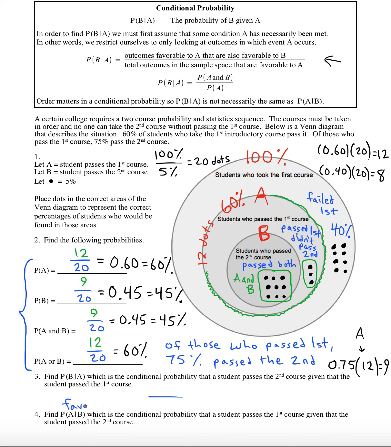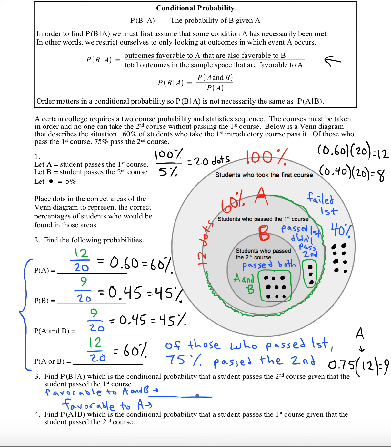We're looking for outcomes favorable to A on the bottom. We're looking for favorable to A and B. That needs to go on the top.